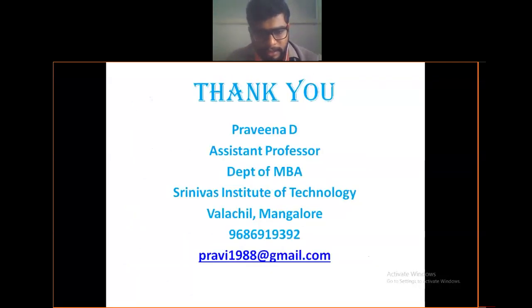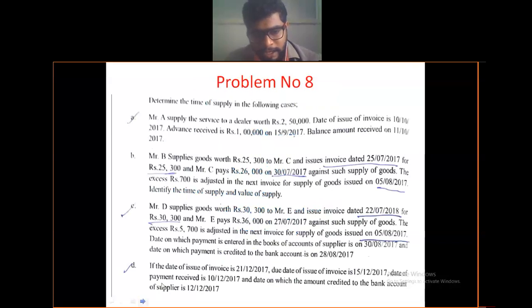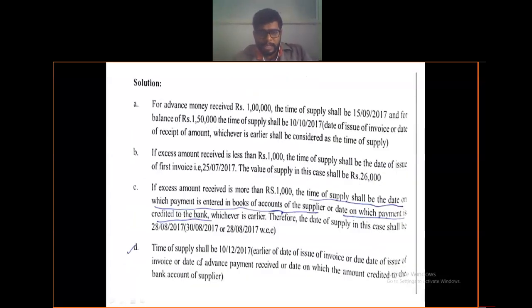You can see the last solution. If the date of issue of invoice is 21st December 2017, due date of issue of invoice is 15th December 2017, date of payment received is 10th December 2017, and date on which amount is credited to the bank account of supplier is 12th December 2017. So the answer is the time of supply is 10th December 2017. Why?